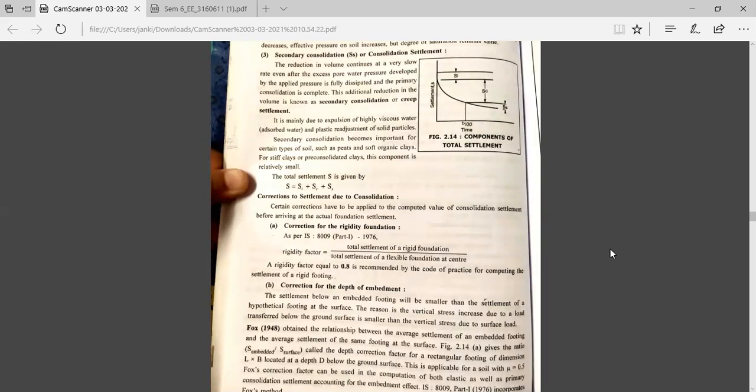The second is a correction for the depth of embedment. The settlement below an embedded footing will be smaller than the settlement of a hypothetical footing at the surface. The reason is that the vertical stress increase due to a load transferred below the ground surface is smaller than the vertical stress due to the surface load.